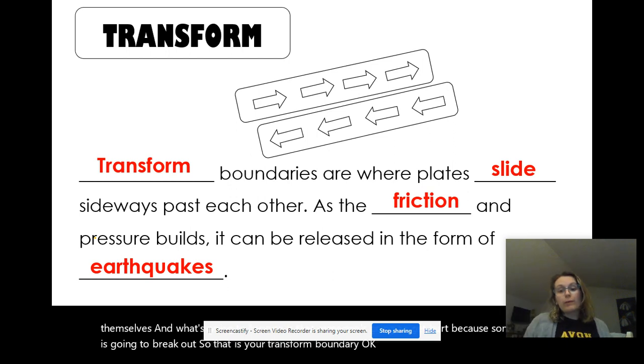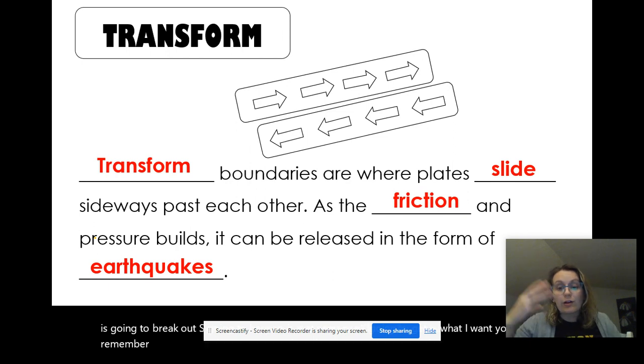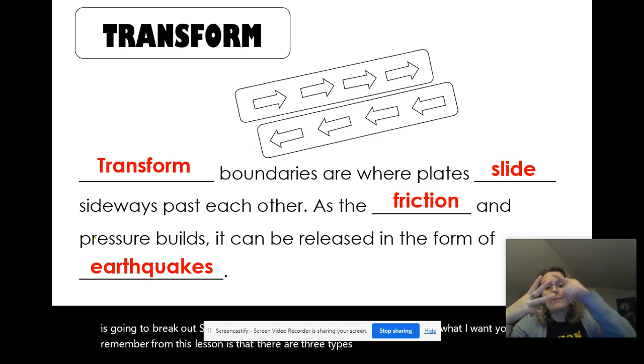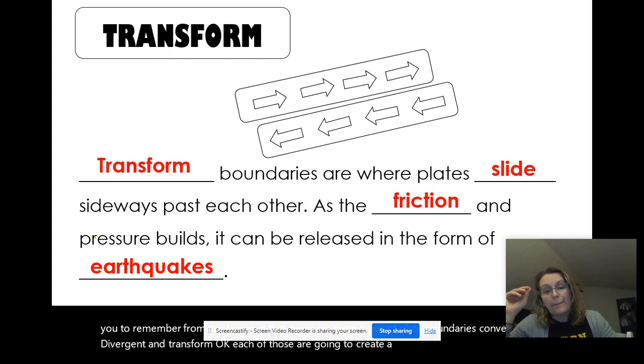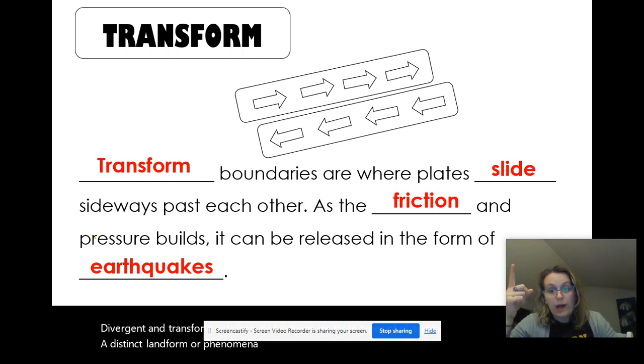Okay, so ultimately, what I want you to remember from this lesson is that there are three types of plate boundaries: convergent, divergent, and transform. Each of those are going to create a distinct landform or phenomena. So convergent, we have mountains, volcanoes, or trenches. Okay.